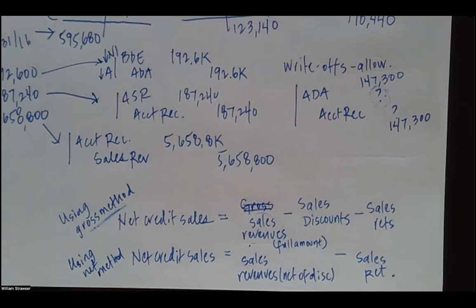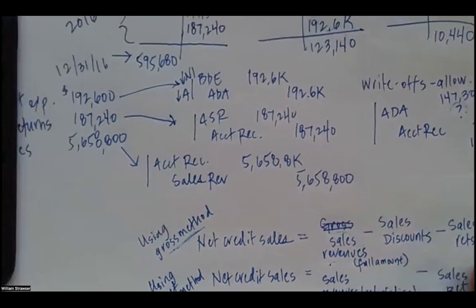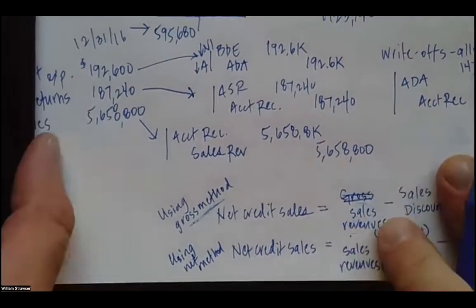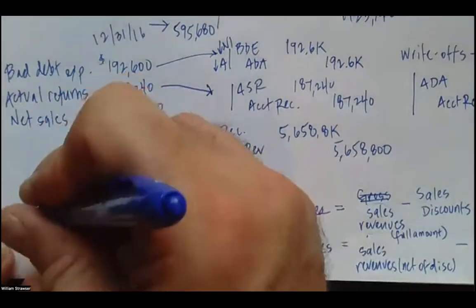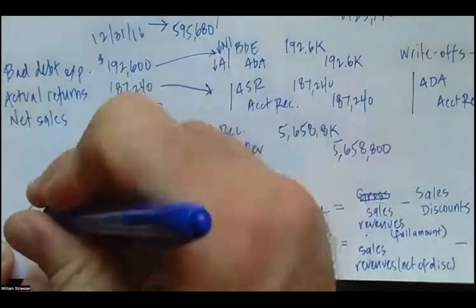So these are the pieces that we're dealing with in this particular problem in order to figure out, well, what is my gross sales? So they told me that my net sales were 5,658,000. So I know what's on the left-hand side of the equation.